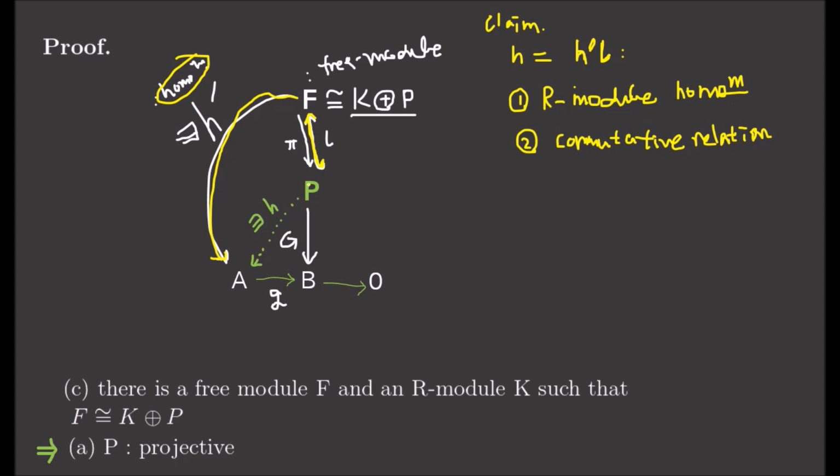Because the map H exists, the commutative relation clearly holds. But the specific statement description is your exercise, just to check this. So if we just do the statement, then P is a projective module.